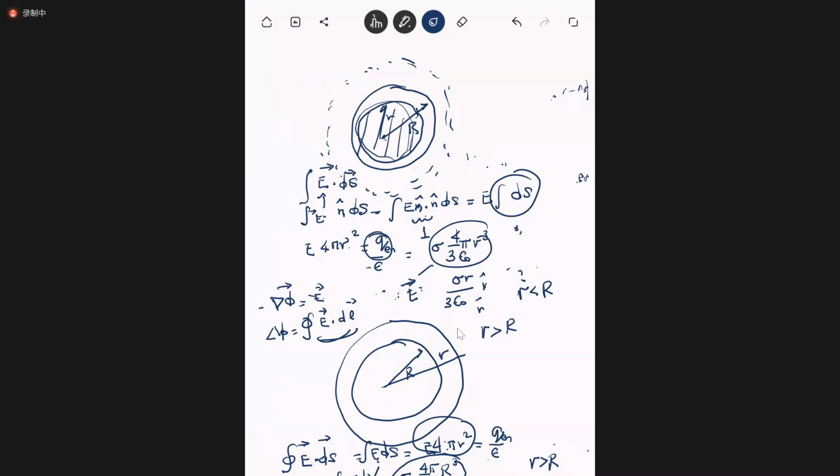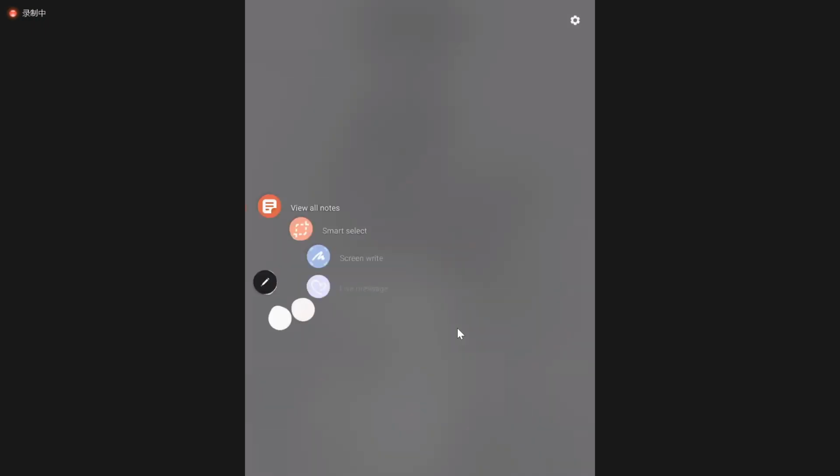So we have here, we found that E was sigma R over 3 epsilon 0, and this is now multiplied by dr.